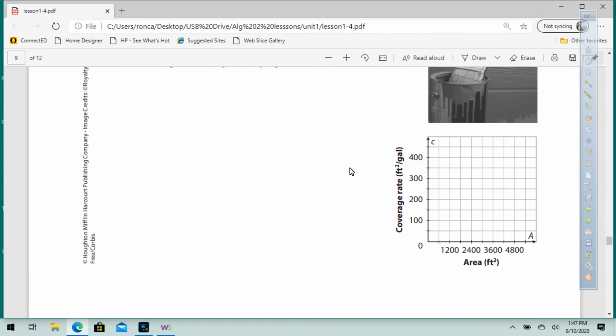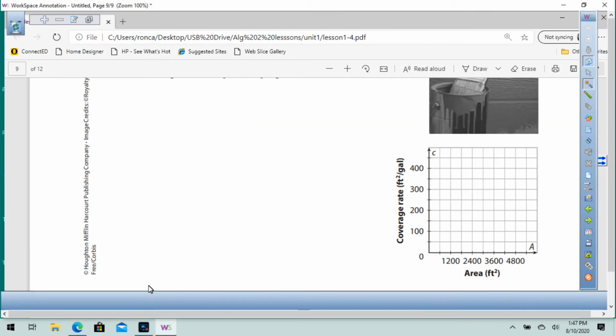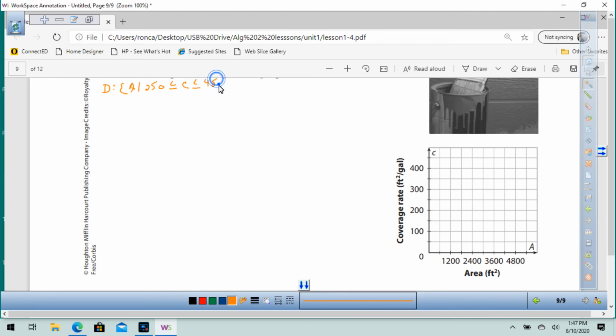Okay. Well, first we need to figure out the domain. The domain of the function is going to be, well, let's see, C such that 250 is less than or equal to C, which is less than or equal to 450.